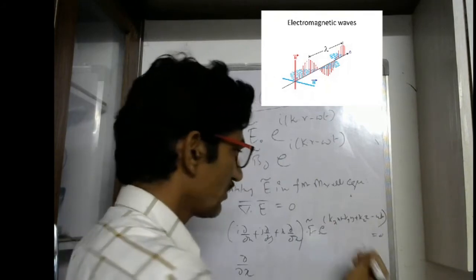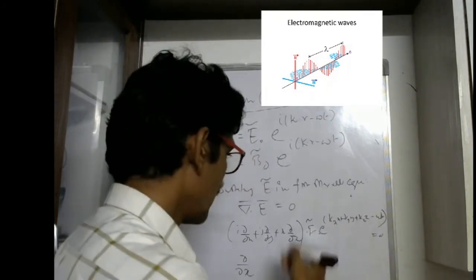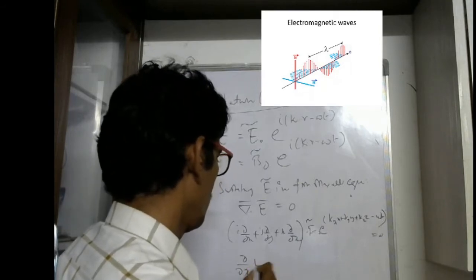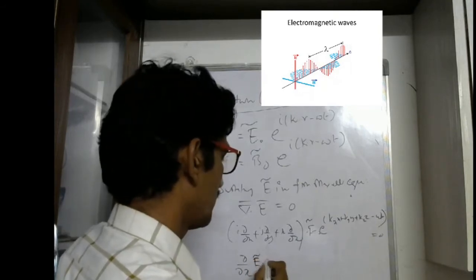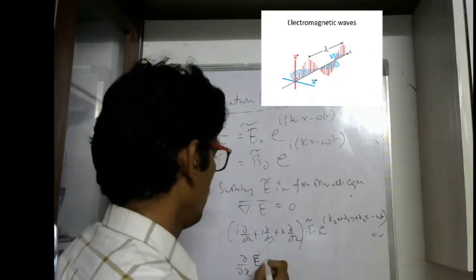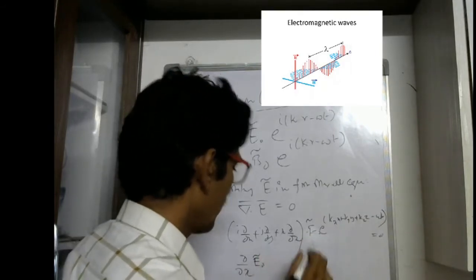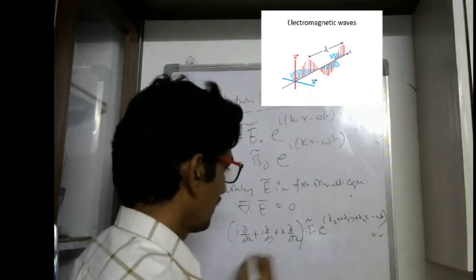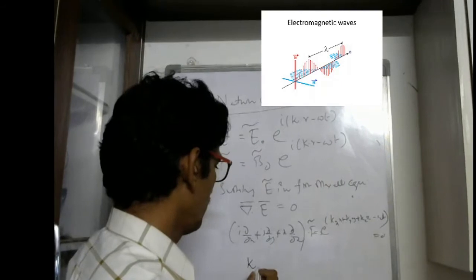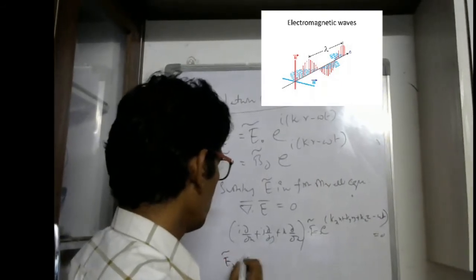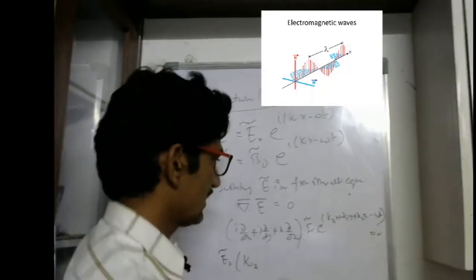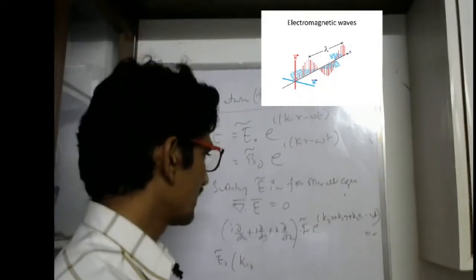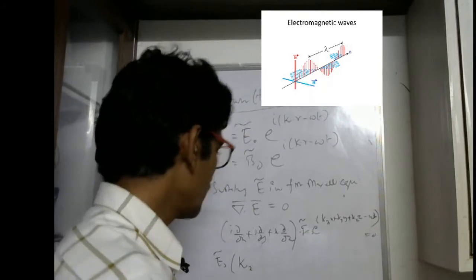For each and every term you have to do the differentiation, then you get here E naught kx, because whenever you differentiate with respect to x you get kx with the same term.